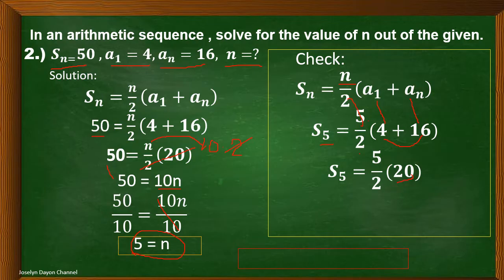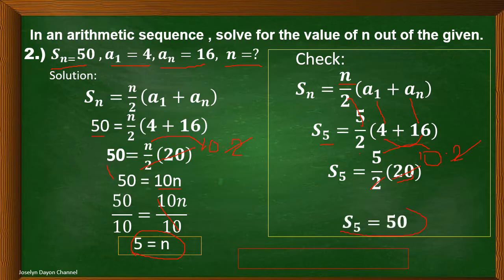So we can factor out 20 as 10 and 2. So we can cancel out 2 here as well as 2 as one of the factors of 20. And finally, you multiply 5 and 10. So 5 times 10, the answer is 50.